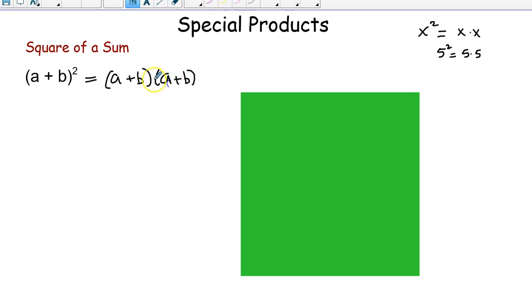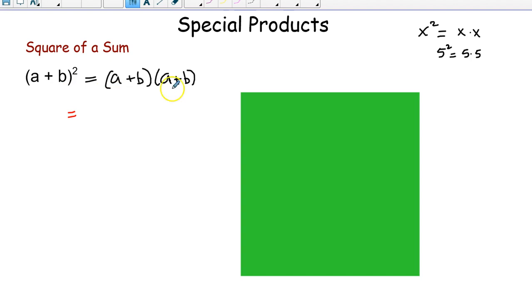This binomial a plus b is repeated. (a plus b) multiplied with itself gives you (a plus b) whole square. And our task is to find its value.